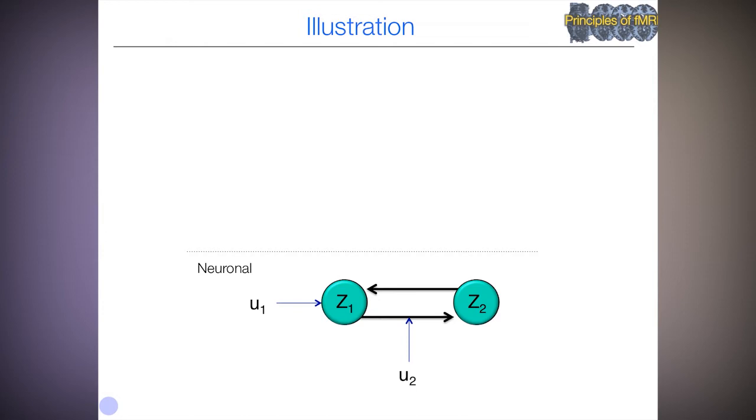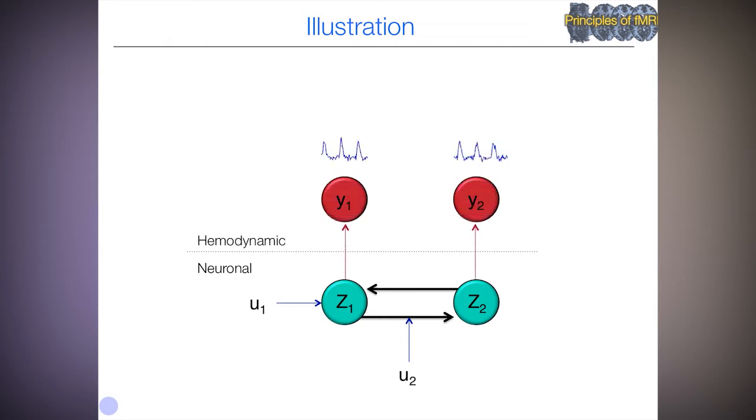Now, once we do that, this is going to give rise to changes in the hemodynamic response, which we can measure. And so the idea here is that the changes in the neuronal activation gives rise to the changes in the hemodynamic response, which we can measure using fMRI. The goal here is now to take the values of Y1 and Y2, which we can measure, and figure out what was going on at the neuronal level.